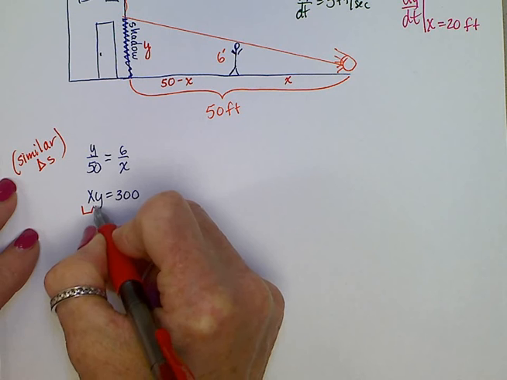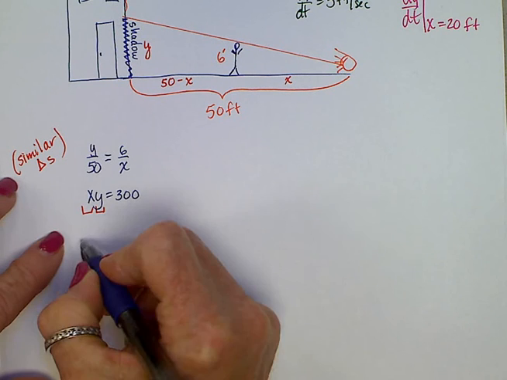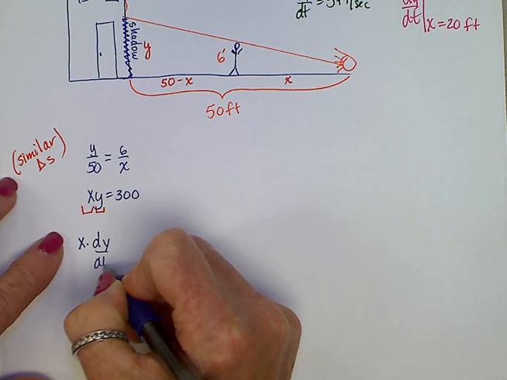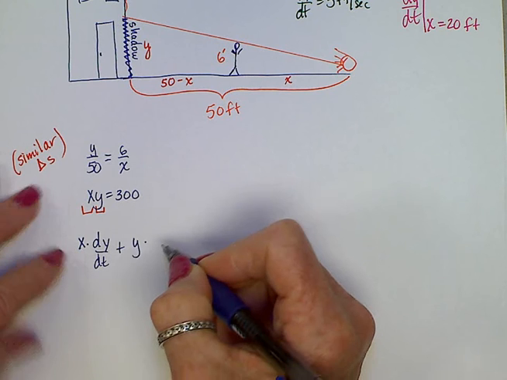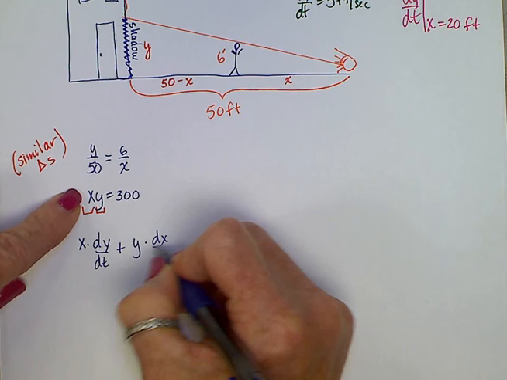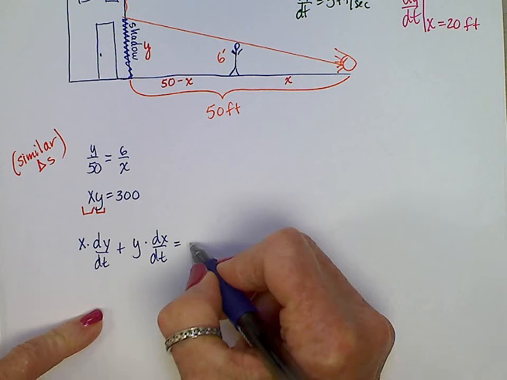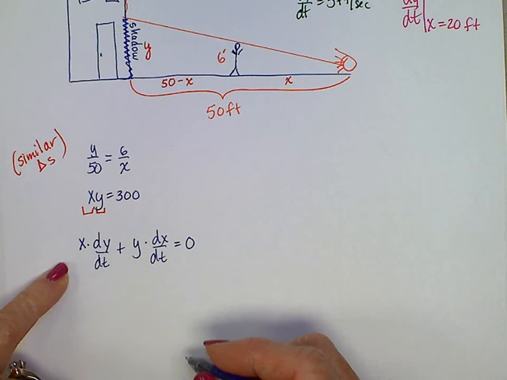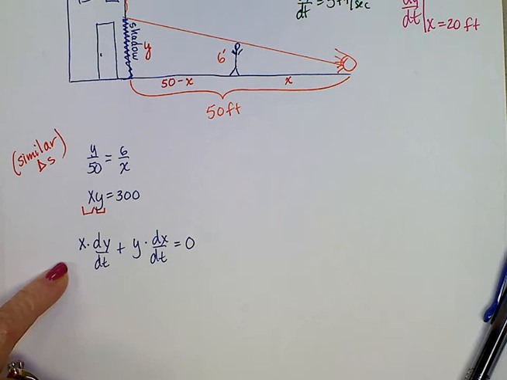And we do have a product rule here. So this derivative, the first x times the derivative of the second, dy dt, plus the second, y times the derivative of the first, dx dt, equals the derivative of the 300, which is 0. Substituting in the rate that we know that dx dt is 5.